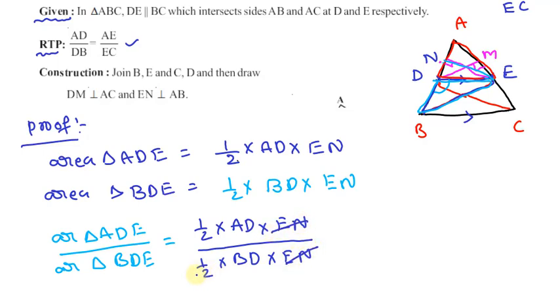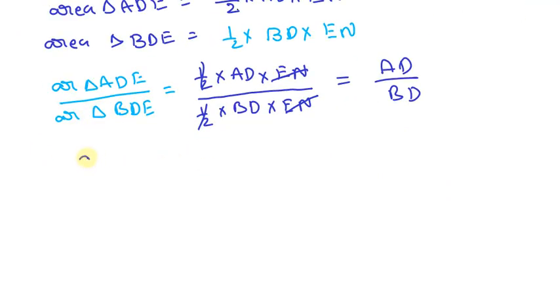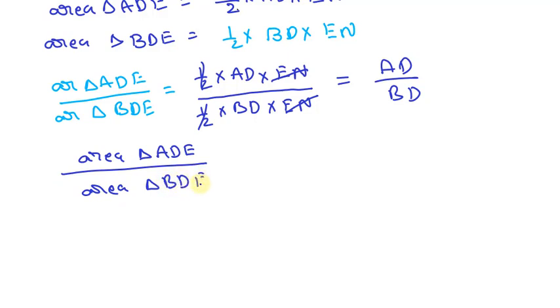We can cancel EN, and half can get cancelled, and this can be written as AD by BD. So area of triangle ADE by area of triangle BDE is AD by BD. This is the first equation.